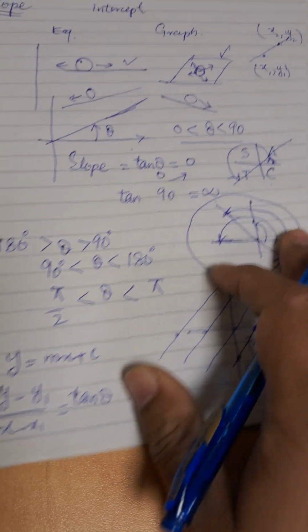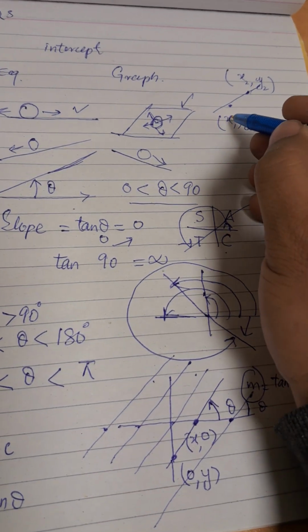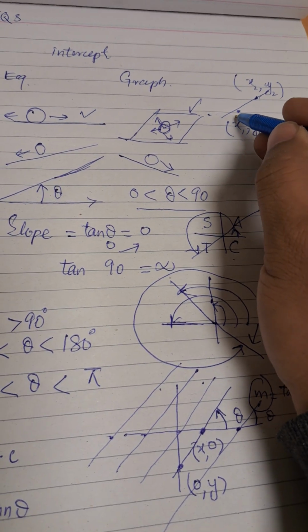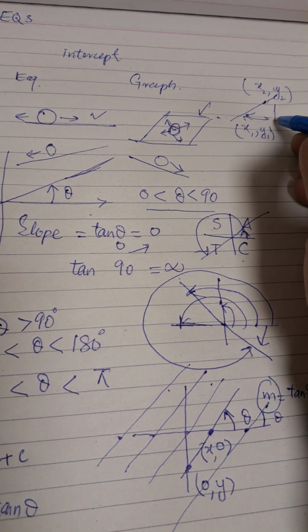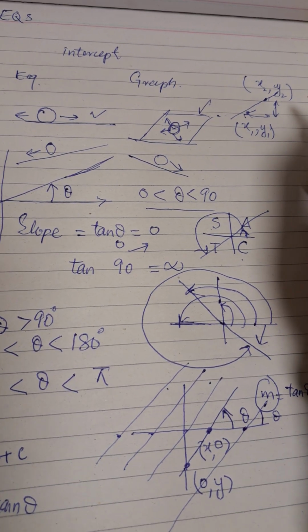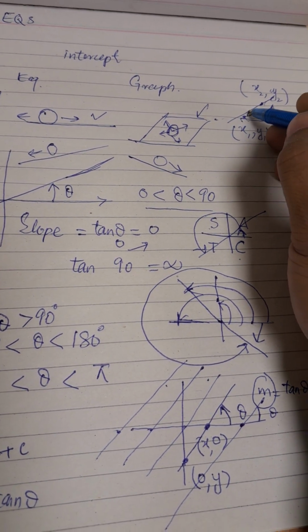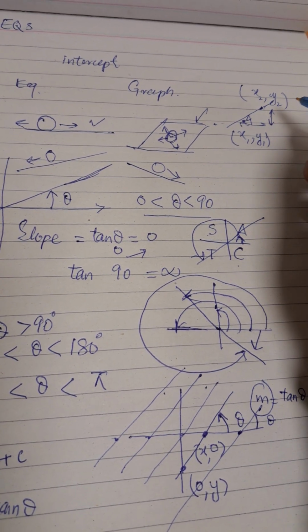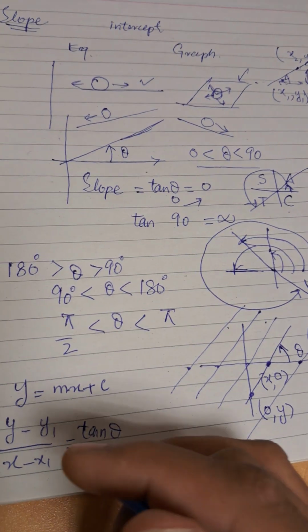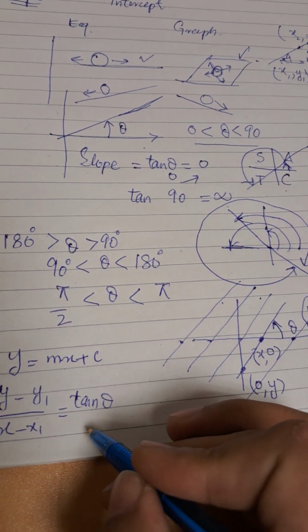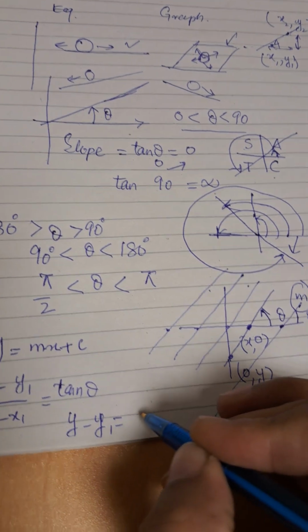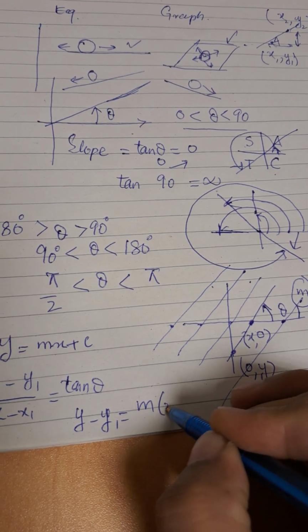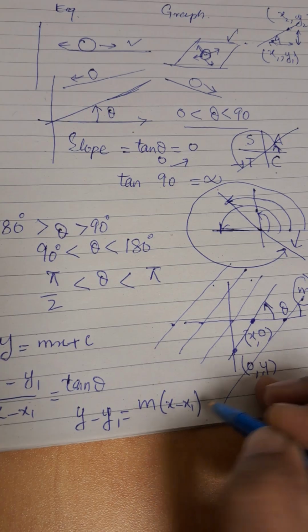We remember from trigonometry that this is the difference between x2 and x1, and this is the difference between y2 and y1, and this is angle theta. This is a right angle triangle, so we can write it as y minus y1 equal to m times (x minus x1).